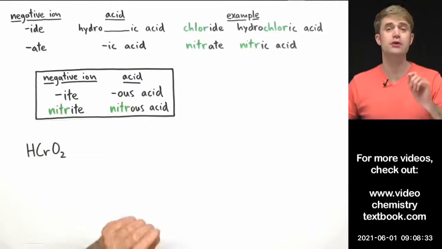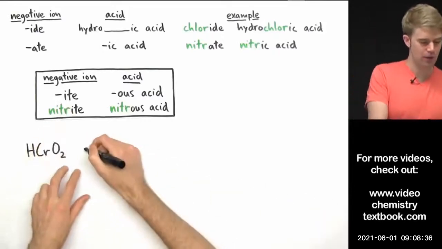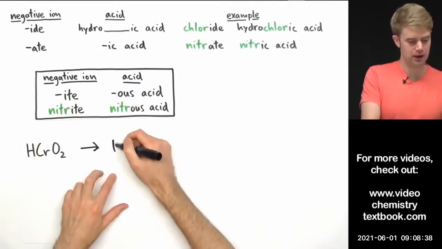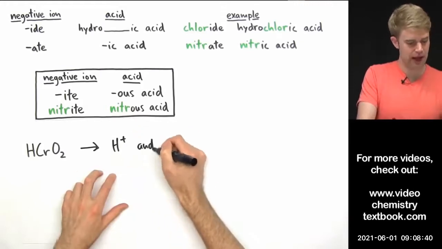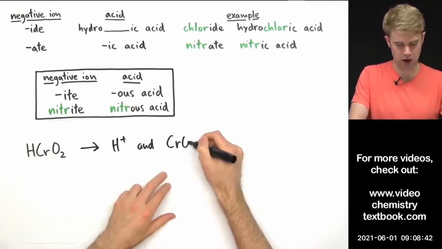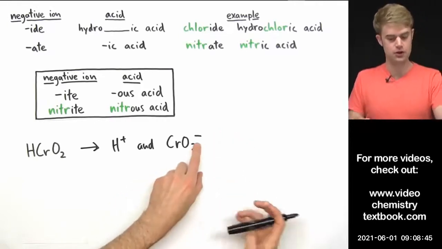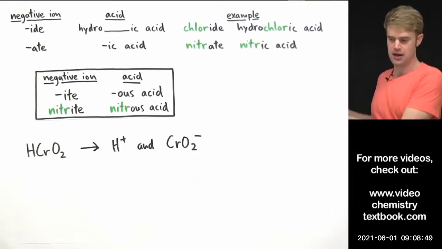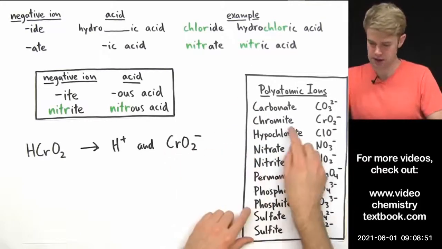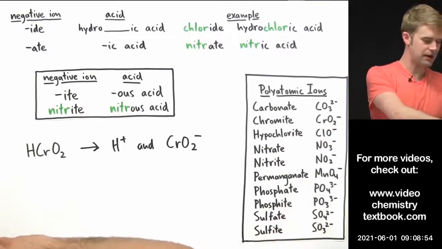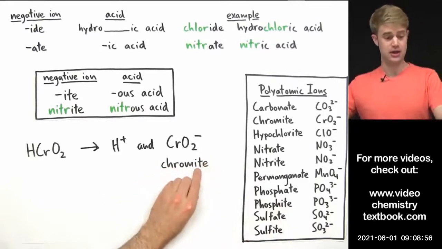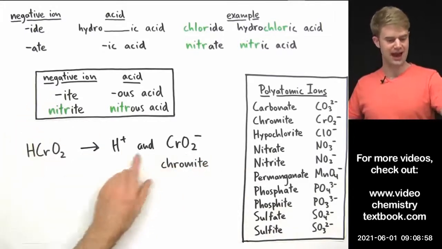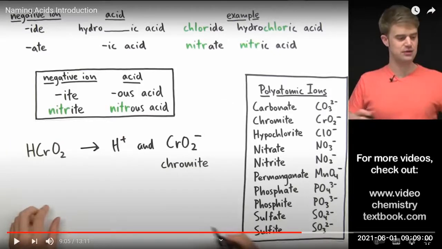Here's one more example of how we do this naming with -ite. We have this acid here. We break it apart into H+, and then everything else, which is going to be CrO2 with a 1 minus charge to balance out the 1 plus charge. The name of this negative ion here, CrO2 1 minus, is chromite, which means that... what would be the name of the acid if it ends in -ite?